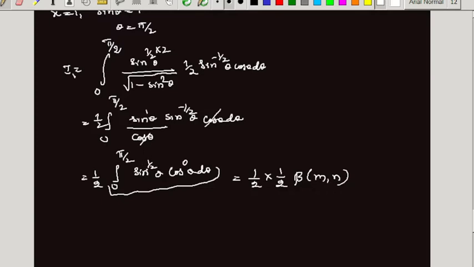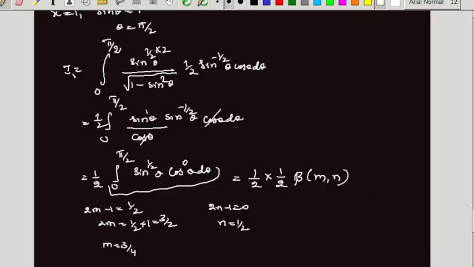So here 2m minus 1 equal to 1 by 2, 2m is 1 by 2 plus 1, 3 by 2. m is 3 by 4, and 0 is there, 2n minus 1 is 0, n is 1 by 2.